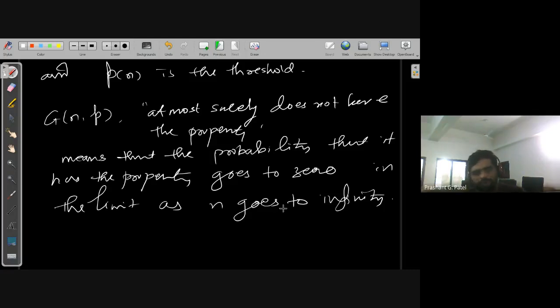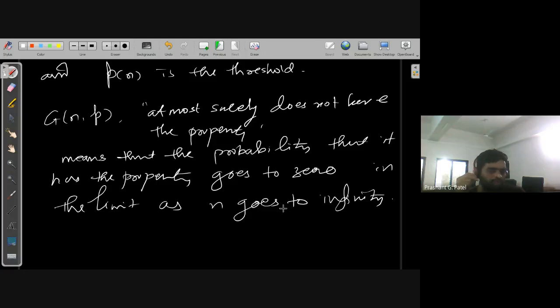But there are some properties which are decreasing, for example having isolated vertices. If you add edges into the graph, then the isolated vertices will be reduced. That is known as a decreasing property. So there are two terms, increasing property and decreasing property.